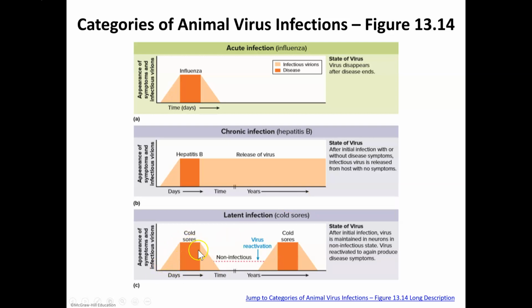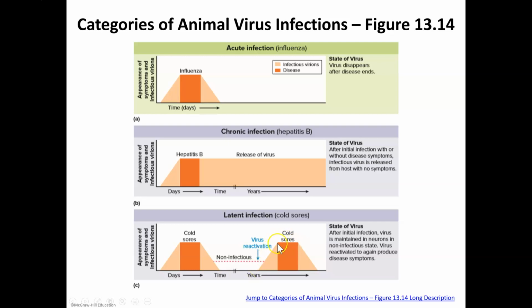Cold sores come and go, and when they come, they're typically acute infections, so they last for maybe a week or 2 weeks. But then they go away, and during the period where you don't have any infection, you're not infectious either, so you can't spread the disease.